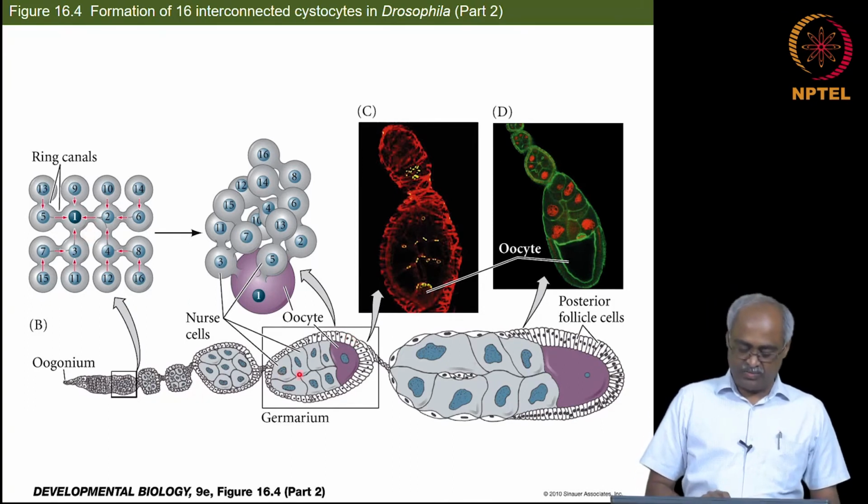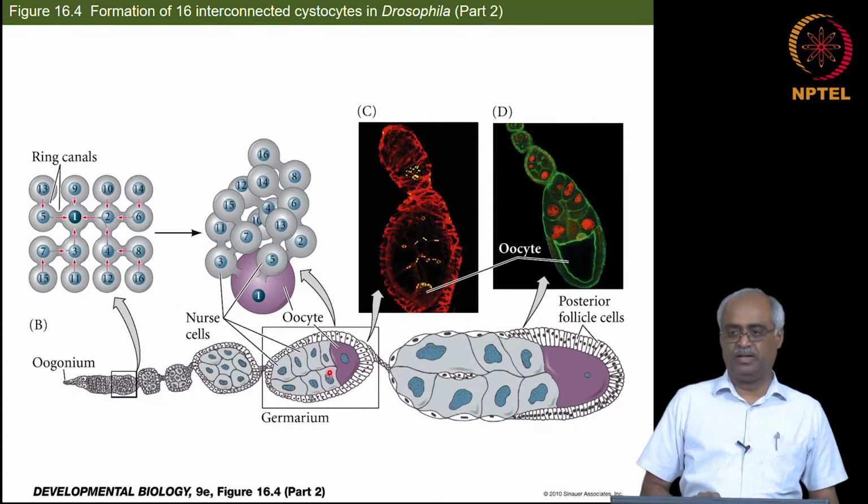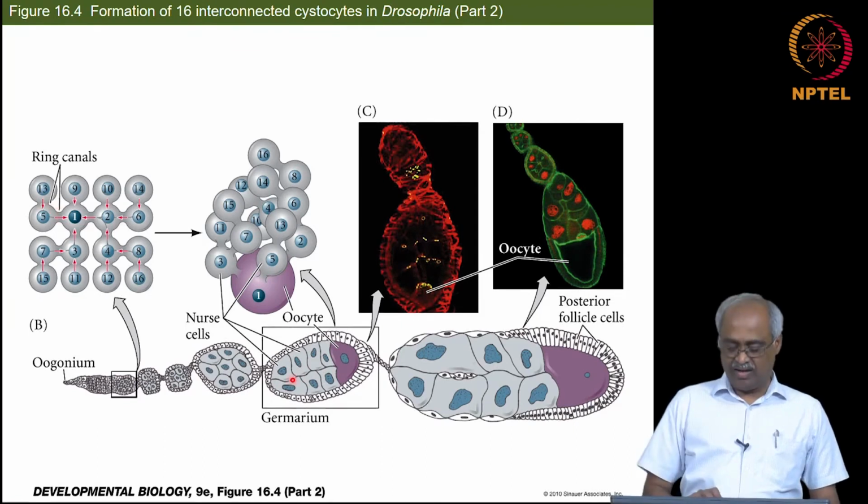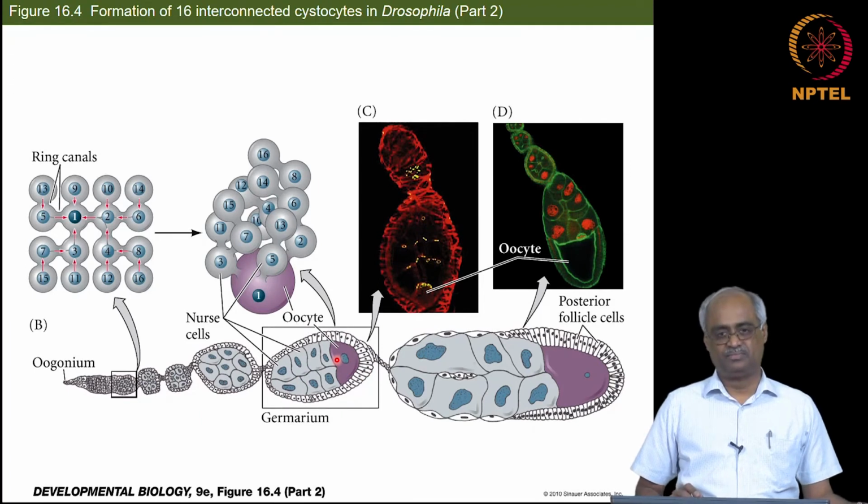The cytoplasmic output from all these 15 other nuclei, they are all connected through these things called the ring canals, and they all come and dump the material in the oocyte, and the oocyte is eventually going to grow larger. Okay.